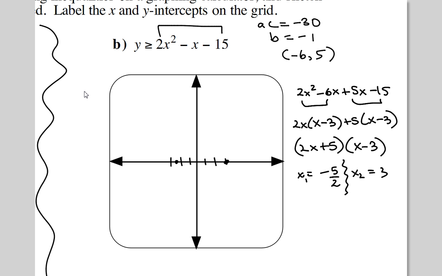Negative 15, so it's way down here with my scale. Should be even probably lower, but whatever. And I know that the vertex is going to be somewhere close to that. So there's probably a minimum point down here somewhere. And I got the greater equal, so I'm going to have a full line.